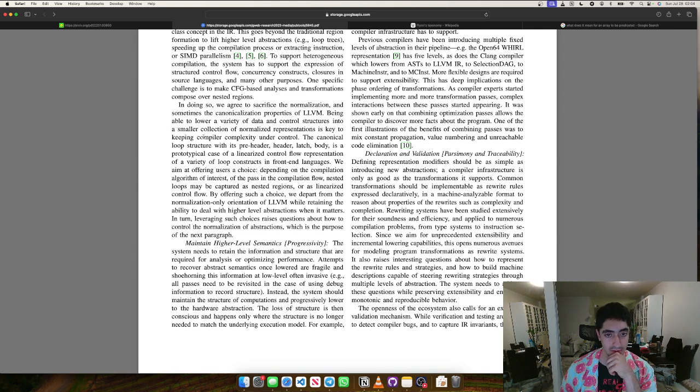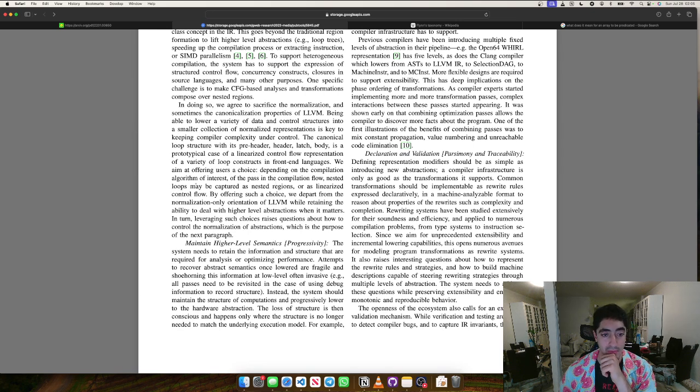compiler complexity under control. The canonical loop structure with its pre-header, latch, and body is a prototypical case of a linear control flow representation of a variety of loop constructs in front-end languages. We aim at offering users a choice, depending on the compilation algorithm of interest, of the path in the compilation flow.